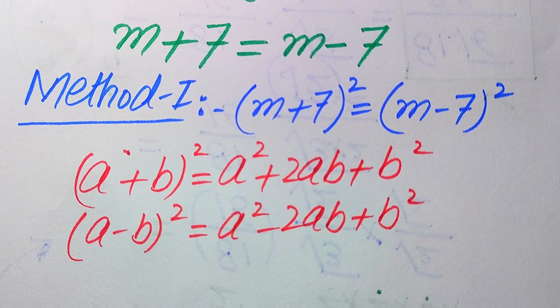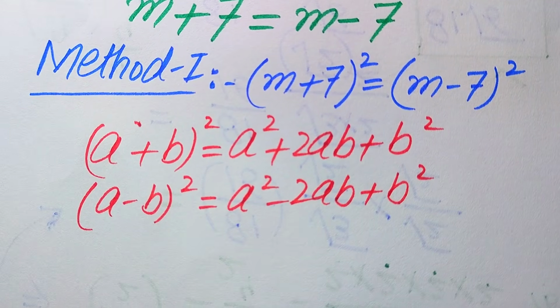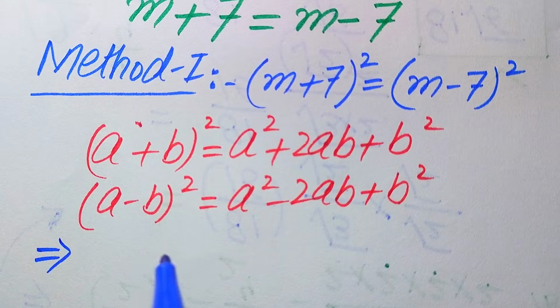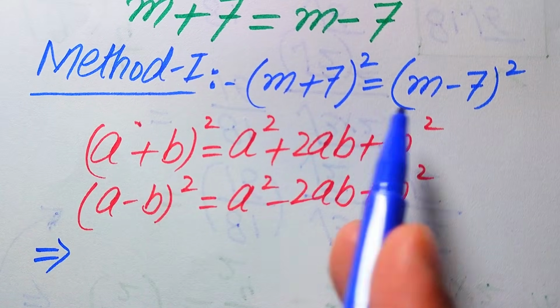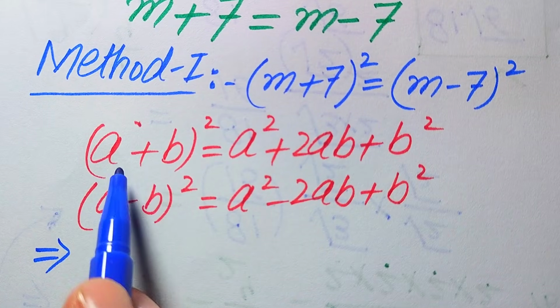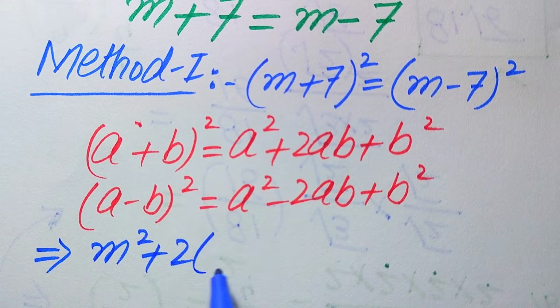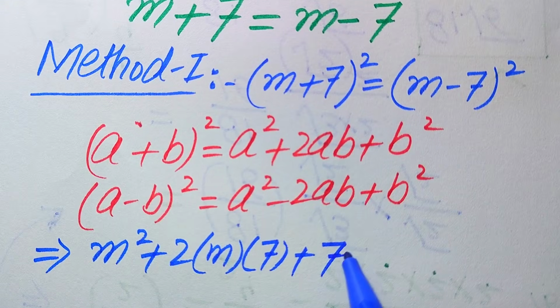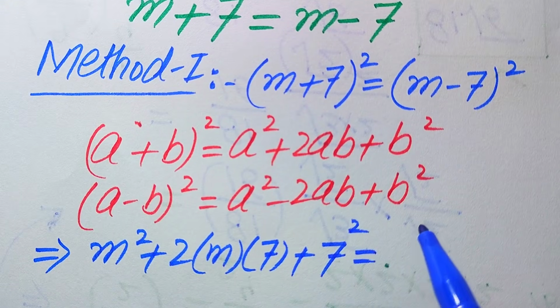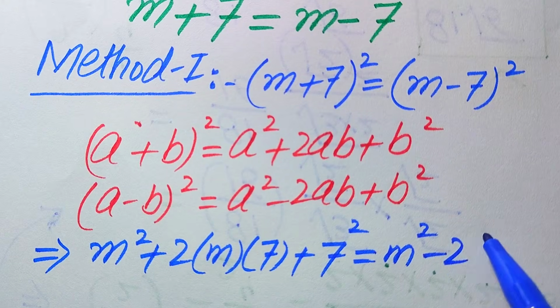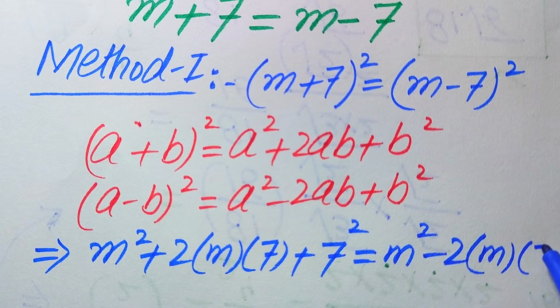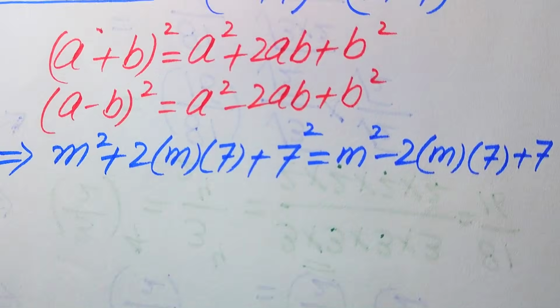When we apply both of these formulas, it will be written as m square plus 2 times m into 7 plus 7 square is equal to, on the right hand side, m square minus 2 times m into 7 plus 7 square.